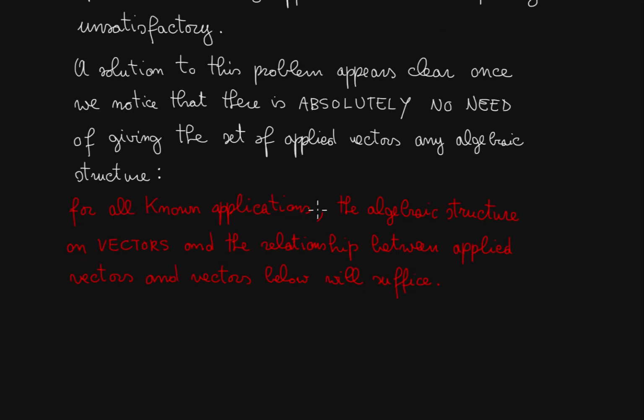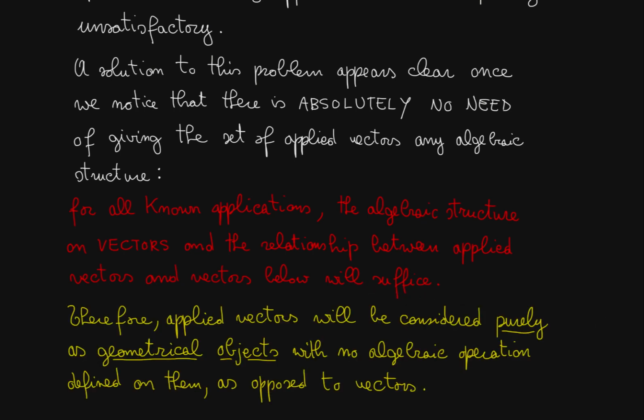For all known applications, the algebraic structure on vectors and the relationship between applied vectors and vectors below will suffice. Therefore, applied vectors will be considered purely as geometrical objects, with no algebraic operation defined on them, as opposed to vectors, which indeed are elements of a vector space by definition.